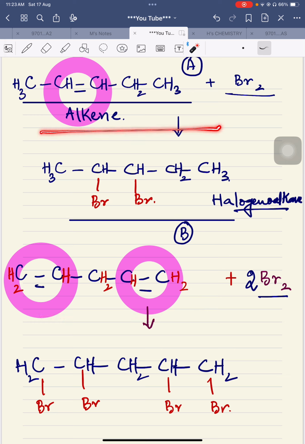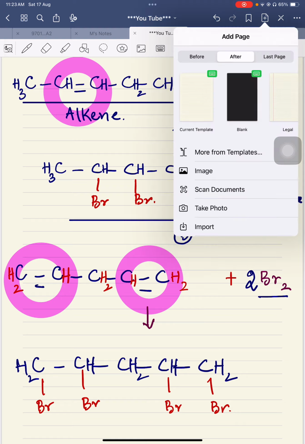Whereas A will definitely have the ability to decolorize liquid Br2, but A will have the lesser ability. This is how we differentiate between the two compounds having unsaturation. The one which has a higher number of double covalent bonds will have a higher degree of unsaturation. I'm going to write it on this page.